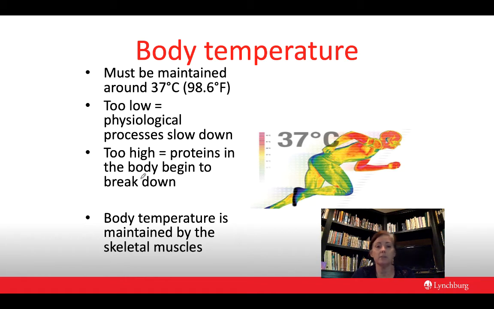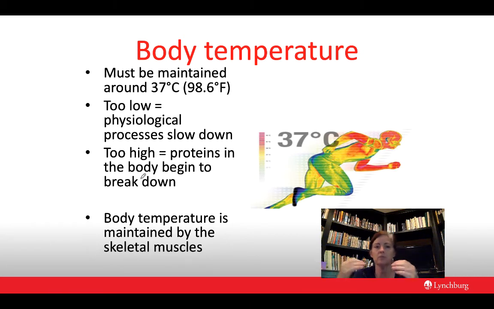Body temperature is really important. We need to maintain a certain level of body temperature. We can have mild fluctuations, but we shouldn't have significant fluctuations. Typical body temperature is about 98.6, although some research shows that it actually fluctuates a little more than that and can still be very normal.